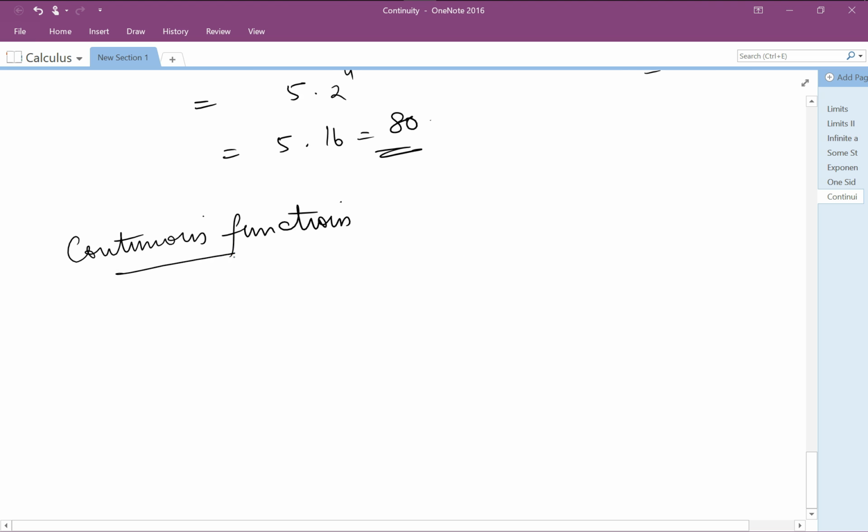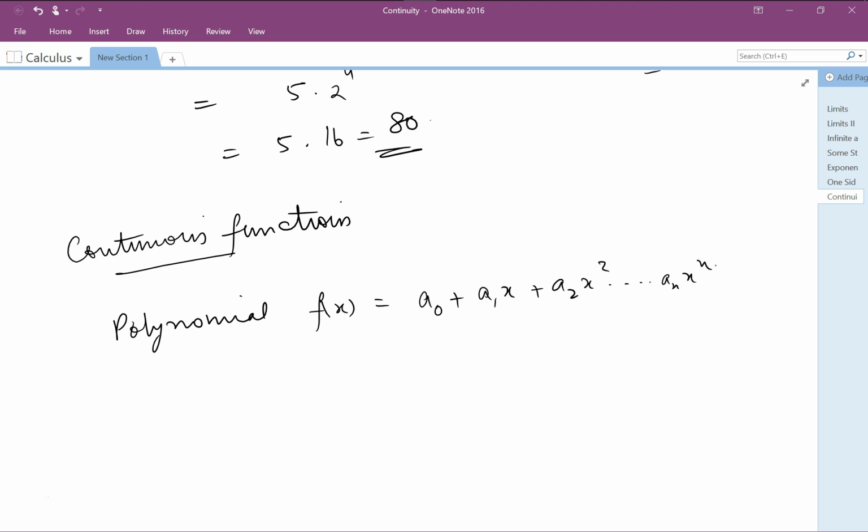Look at a polynomial, f of x equal to the standard way of writing it, plus a2x square dot dot dot a n x n. Now there's nothing here in the denominator, so x can take any value. Since x belongs to real numbers, it is continuous everywhere.